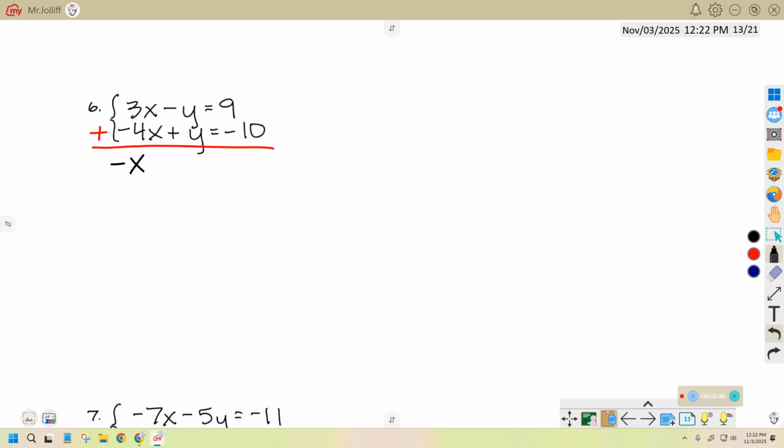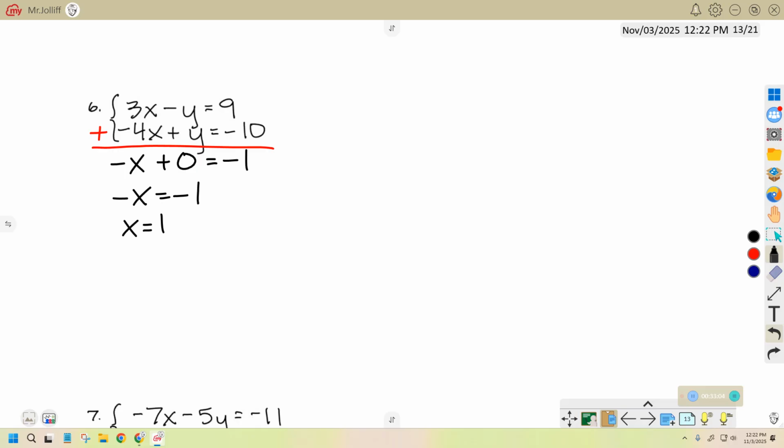Minus y plus y is 0. 9 plus a negative 10 is a negative 1. So this is negative x equals negative 1, which means x equals 1. Divide both sides by negative 1.